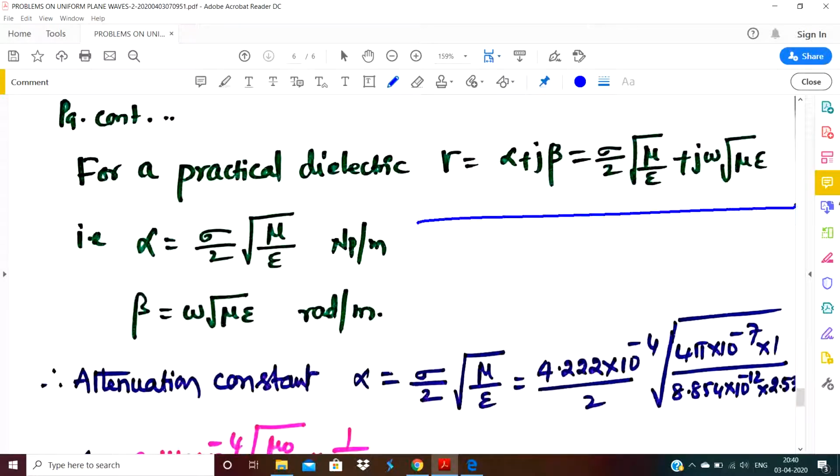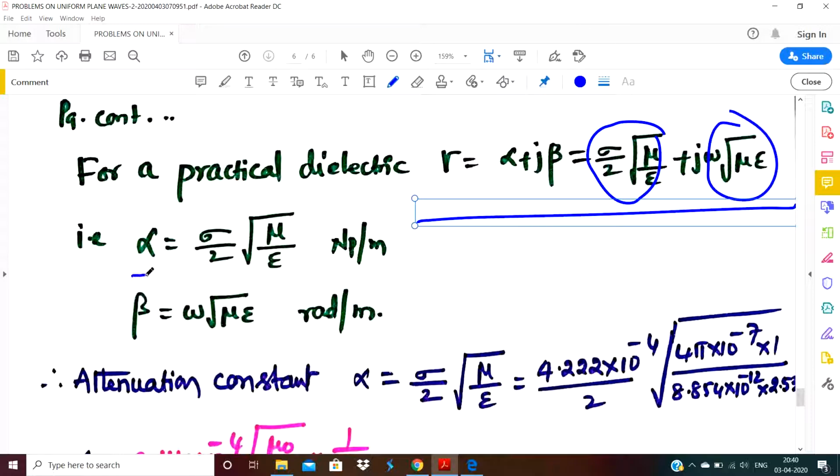This is gamma. Gamma equals alpha plus j beta. By simplifying it, for a practical dielectric or under good dielectric conditions, we get sigma by 2 into square root of mu by epsilon plus j omega into square root of mu epsilon. This is attenuation constant alpha, and the second part is beta.